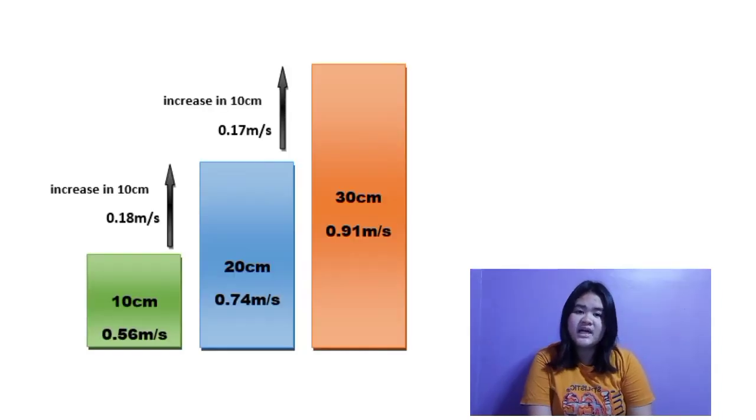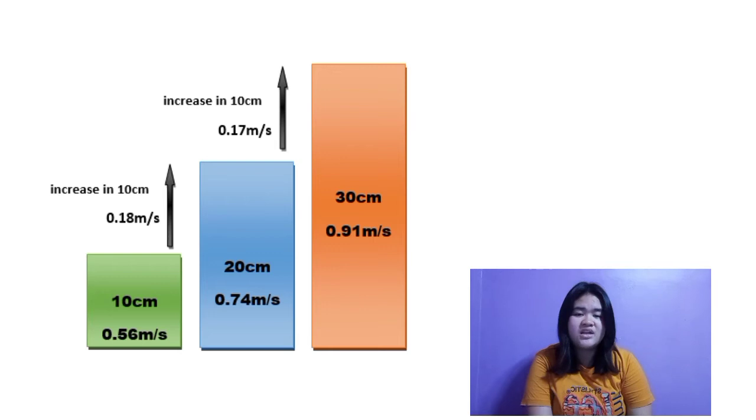To further understand the concept, let us refer to this image. As you can see in the graph, while the height increases 10 cm, the value of the velocity also increases. For example, at 10 centimeters, we have an average velocity of 0.56 meter per second.